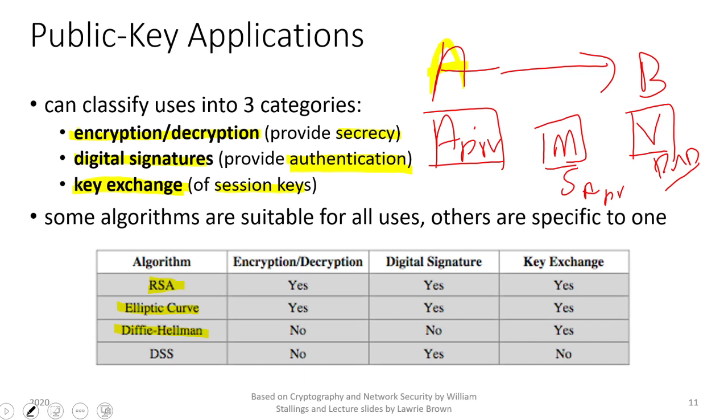For example, Diffie-Hellman is not for encryption or digital signatures, but mainly for key exchange, whereas DSS doesn't do key exchange, only digital signatures. And RSA and elliptic curve support all of these. So there are different algorithms, different approaches for different purposes. We will look at some of these as part of this course.